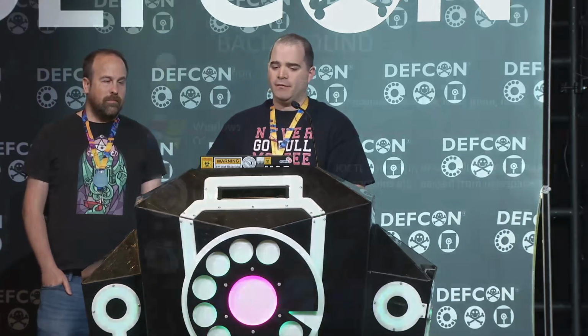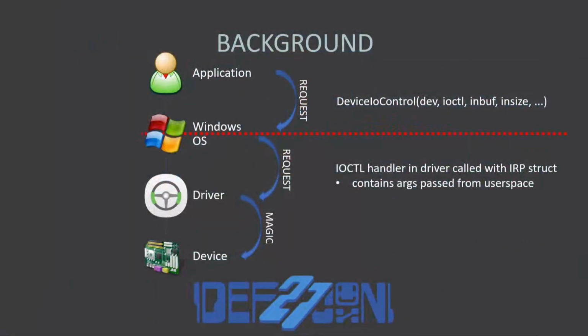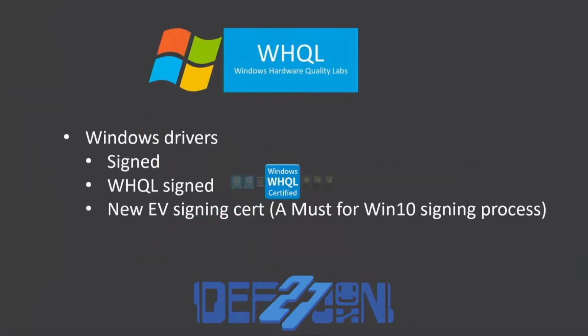So we have this concept called drivers. These drivers run within kernel space. They communicate with the kernel. The kernel gets requests from the application, passes them on to the driver. The driver does its magic, communicates with the hardware, and goes back and forth. It's pretty straightforward.